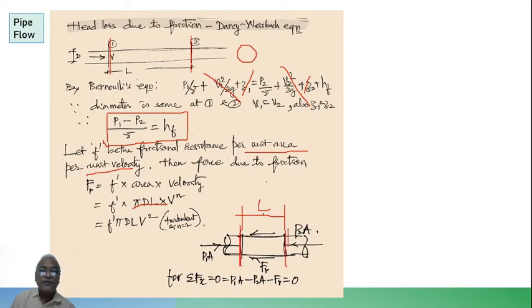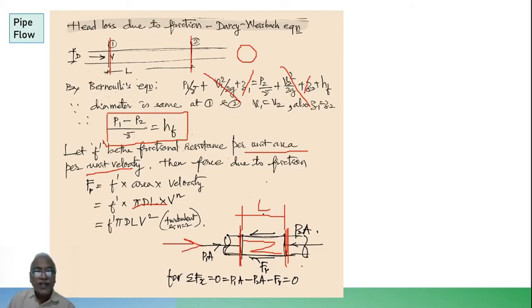If you see, pressure will be acting from outside like that, P1A, and for this particular piece of pipe, the pressure will be acting from the other end, right. So P1A this way, P2A this way. Frictional resistance along the boundary will be acting in a reverse direction. The flow is this way, flow is this way.